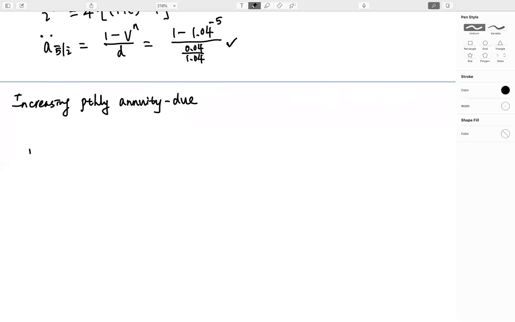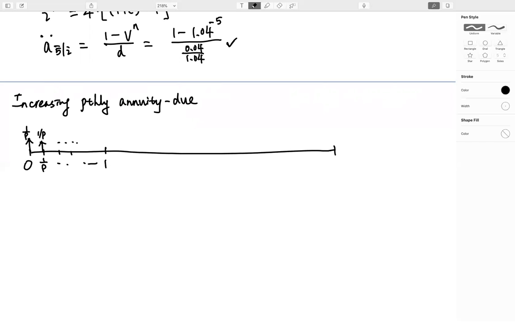So if I quickly draw the graph, I don't spend that much time. You separate it into each period, but now the first payment is at time 0. So here, 1 over p, you get $1 over p.